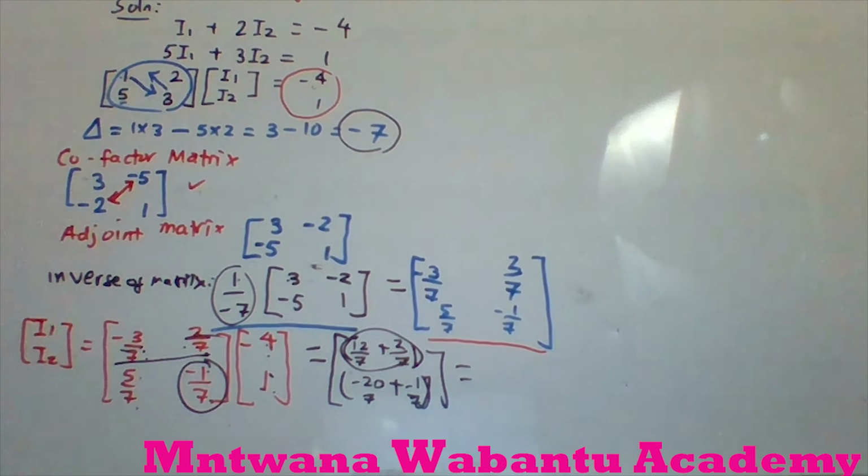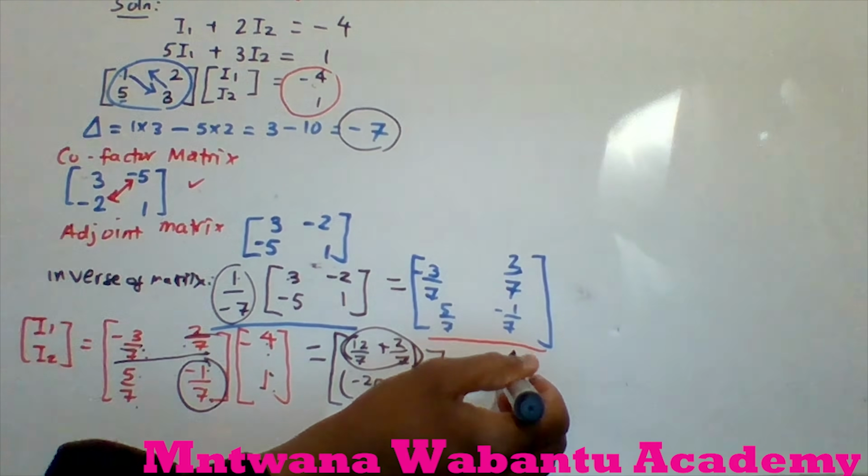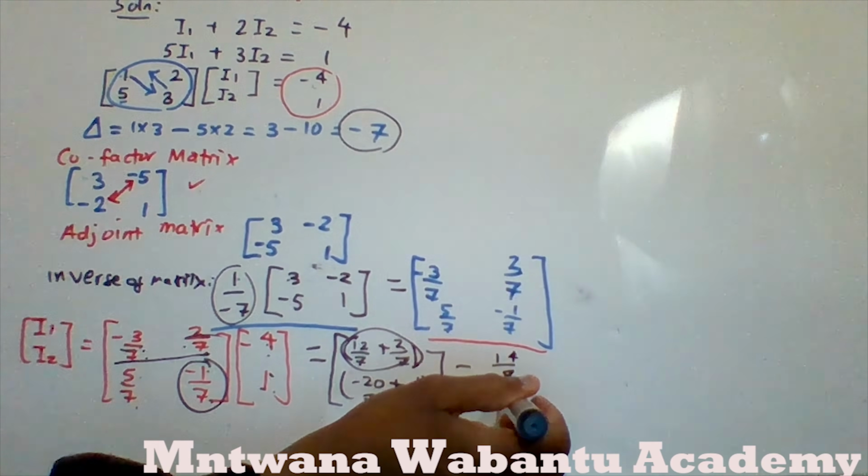So finally, this is going to give us 14 over 7, and this is going to give us -21 over 7.